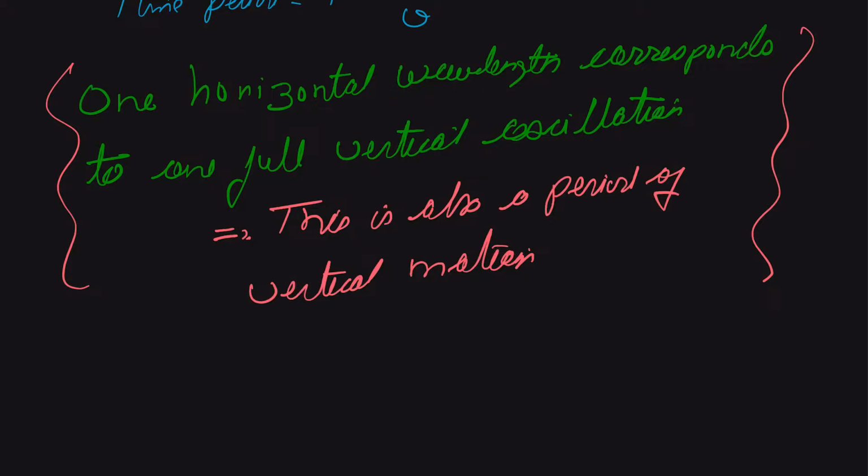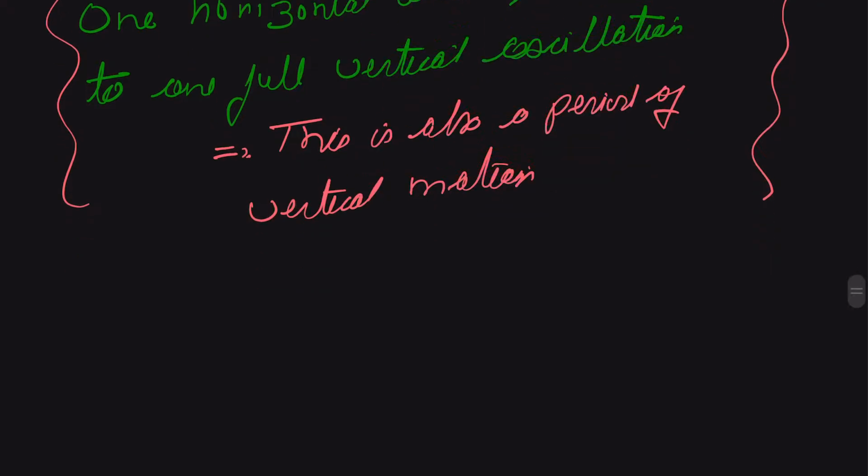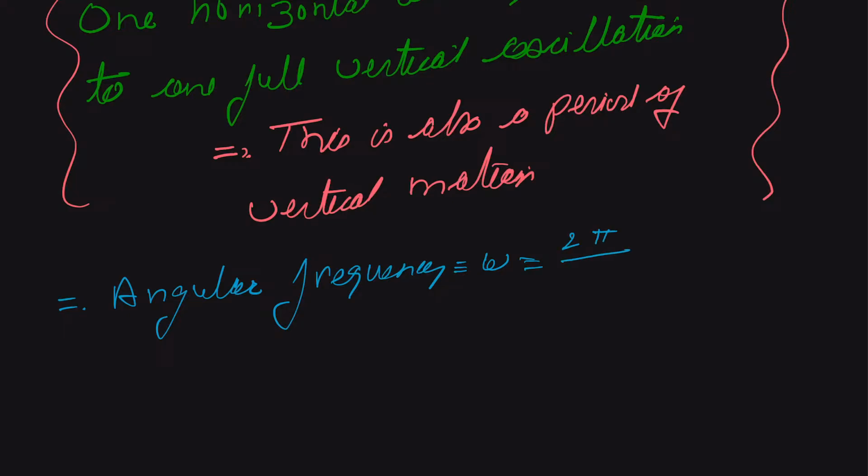Now we can easily find our angular frequency omega, which is equal to 2 pi upon T, and T we just wrote as lambda upon v, so this becomes 2 pi v upon lambda.